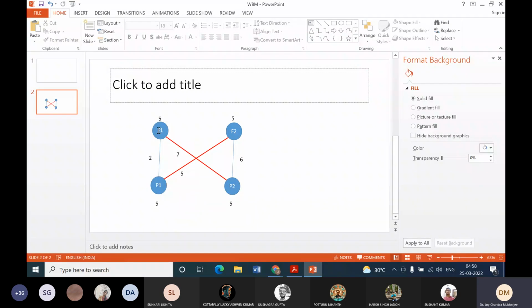So F1, F2, P1, P2, this is basically the vertex cover. You want to reduce this weighted cover such that the company won't produce any more corn. And optimality is reached when the maximum weighted matching equals the minimum weighted cover. So what will be the ultimate cost?